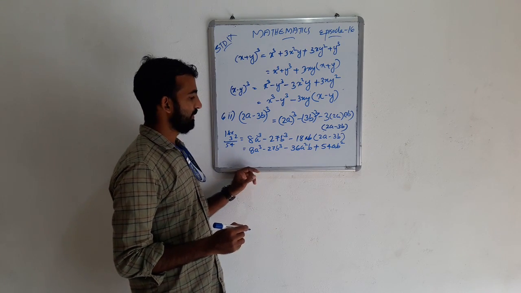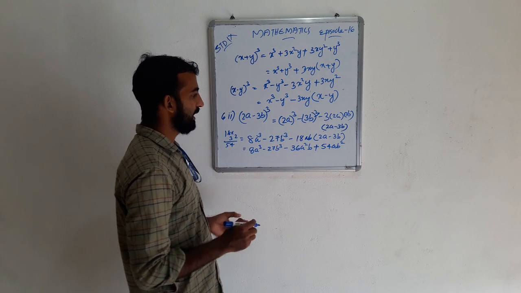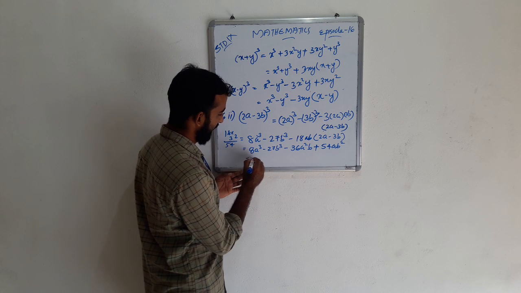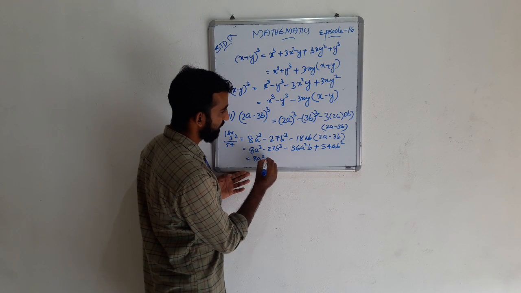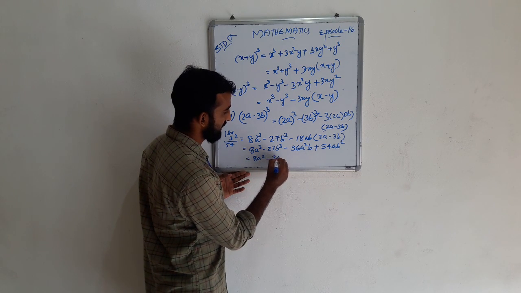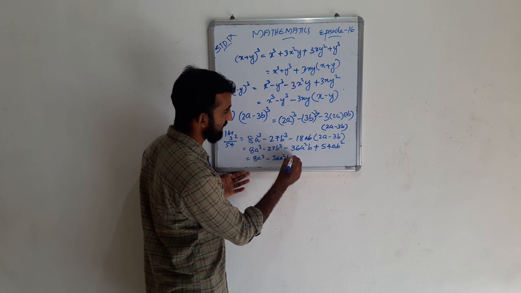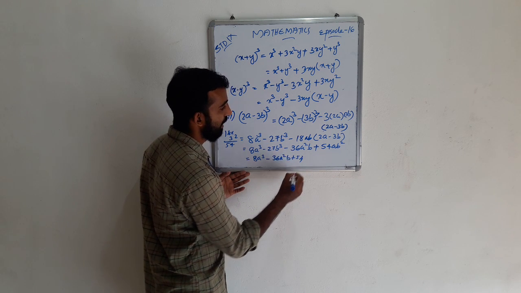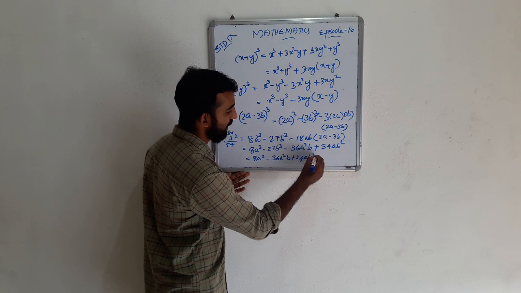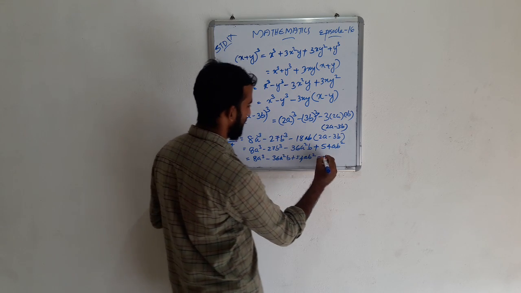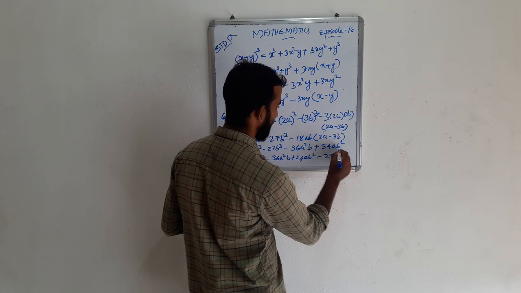ab square. The answer we can rewrite: 8a cube minus 36a square b plus 54ab square minus 27b cube.